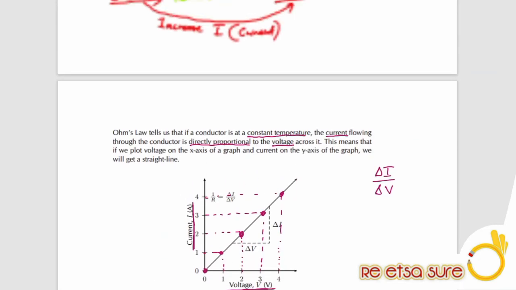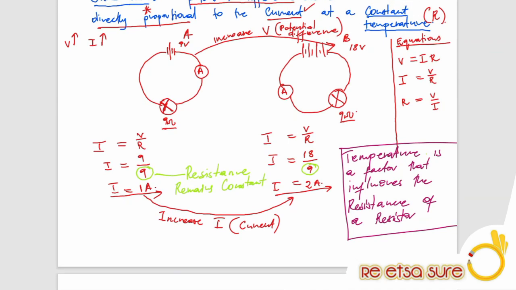Now let's check. We don't have a formula here whereby we have I on top and V at the bottom.